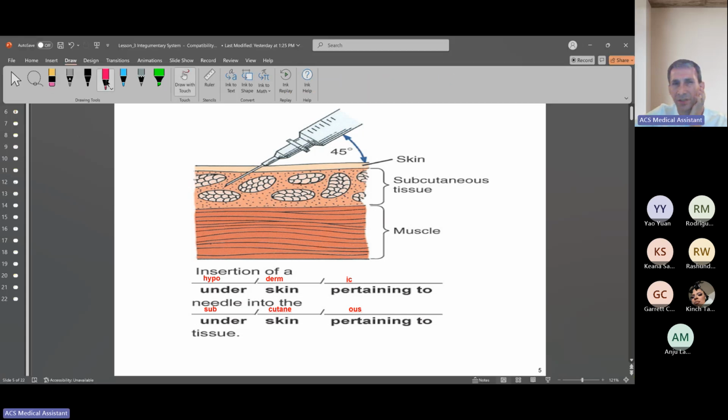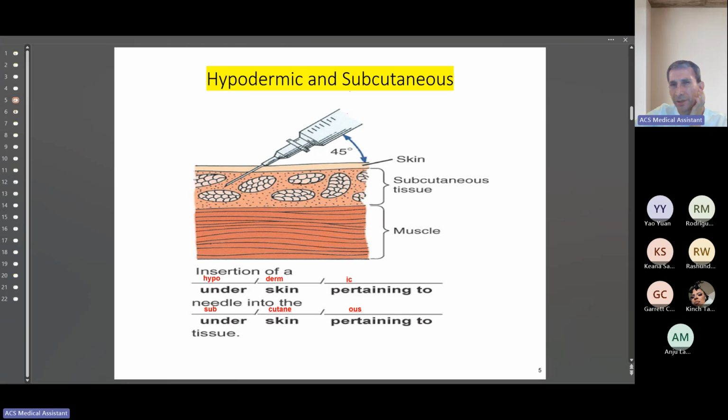Remember, if we have these terms up here, this is subcutaneous. So here we have OUS, cutane, and sub. So here we have the prefix, we have the word root, and we have the suffix.